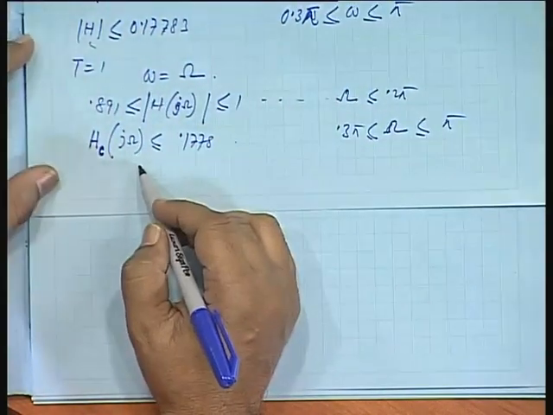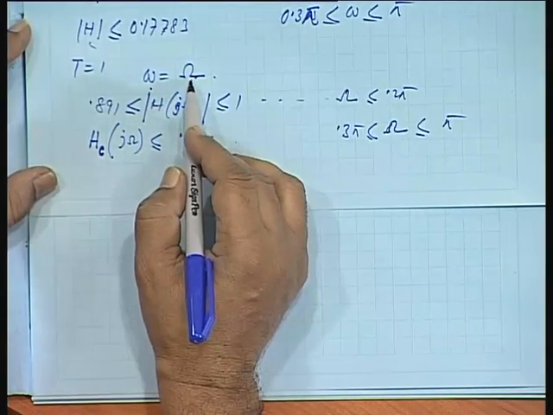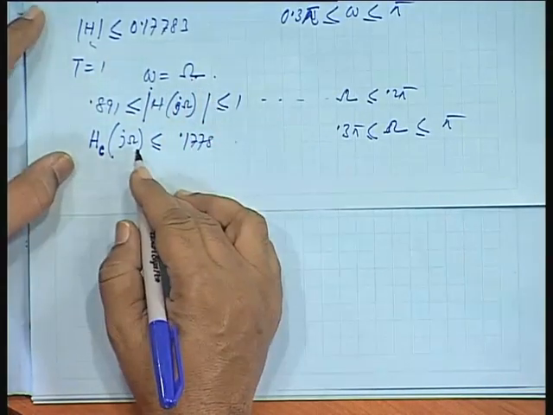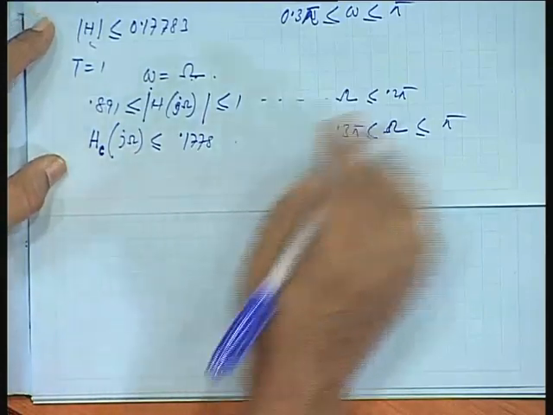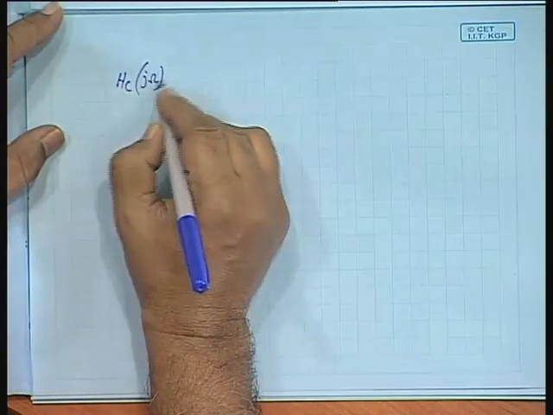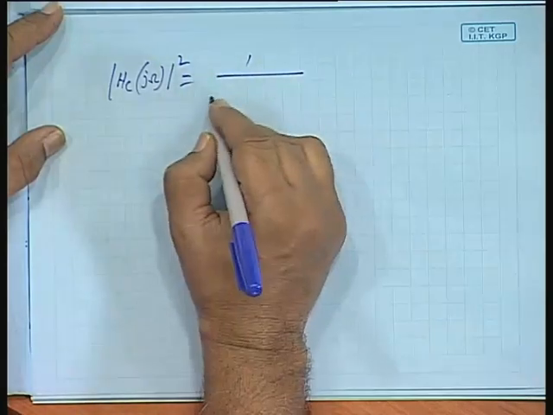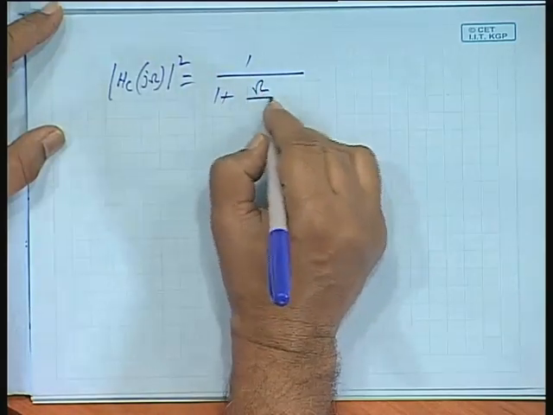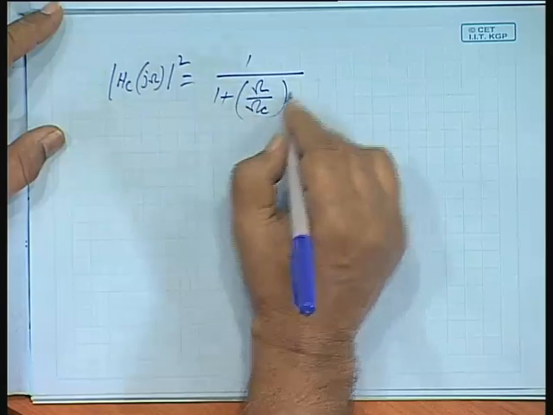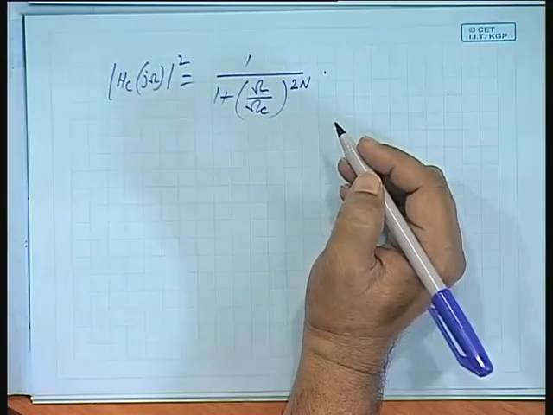In the continuous domain, by putting omega equal to small omega equal to capital omega, we are going into the continuous domain. So, H continuous domain, the function is 1 plus omega by omega c to the power 2n. This is a Butterworth filter of nth order.